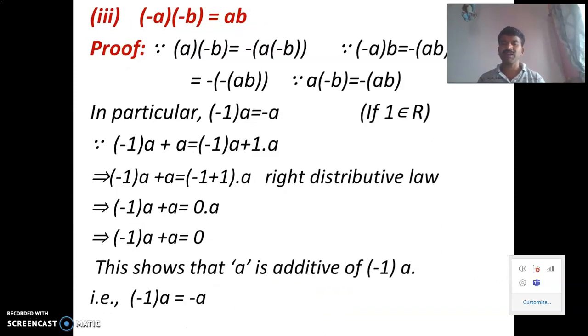And the third property is that minus A into minus B is AB itself. Now we shall prove this result.